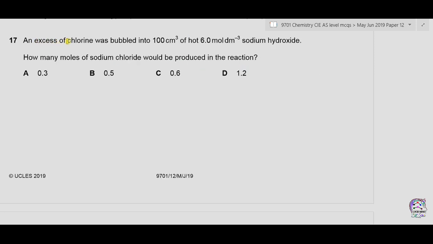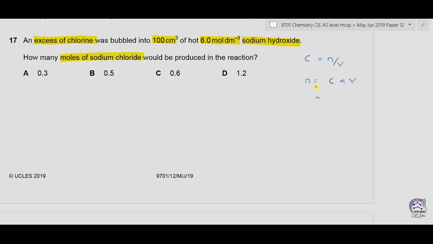Question number 17. An excess of chlorine was bubbled into 100 cm³ of hot 6 mole per decimeter cube sodium hydroxide. How many moles of sodium chloride would be produced in the reaction? Let's first find out the number of moles of sodium hydroxide used. As we know that concentration is equal to number of moles divided by volume in decimeter cube, or number of moles is equal to concentration into volume in decimeter cube.